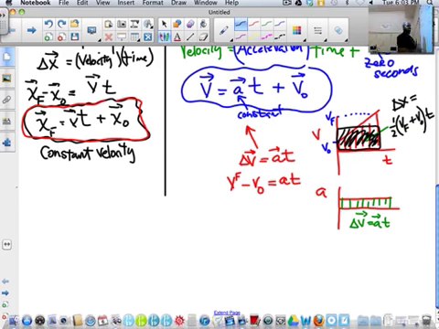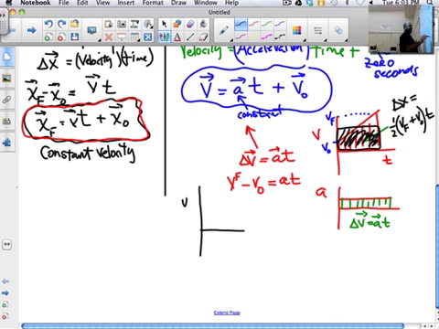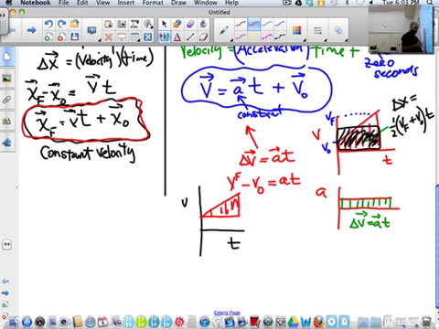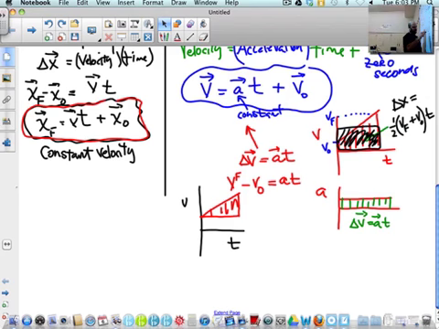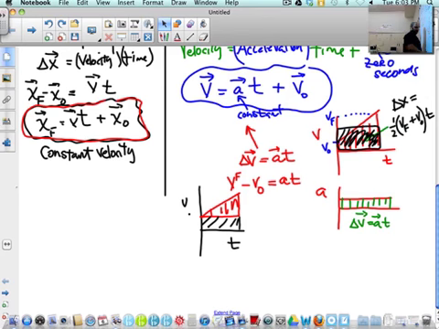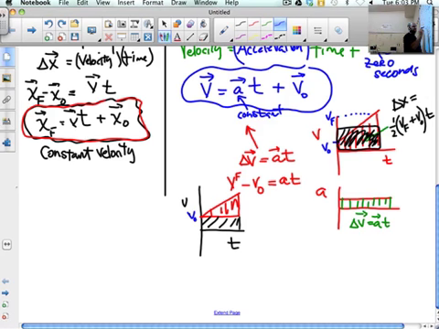For example, I'll redraw the same graph, v versus t, okay? And I can turn this into a triangle, and I can turn this into a rectangle, okay? And I can label my initial velocity, that's my velocity at 0 seconds, and then trace this over. This is my final velocity, vf.